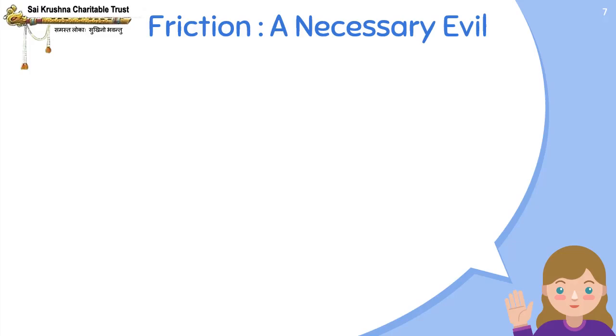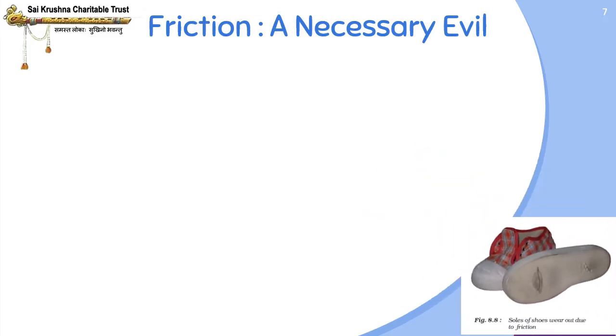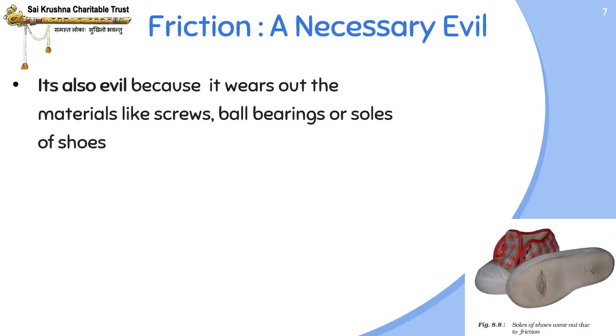On this slide, we will see why friction is evil, or some of the time we don't want friction to be there. Friction is evil because it wears out materials like screws, ball bearings, or soles of shoes.